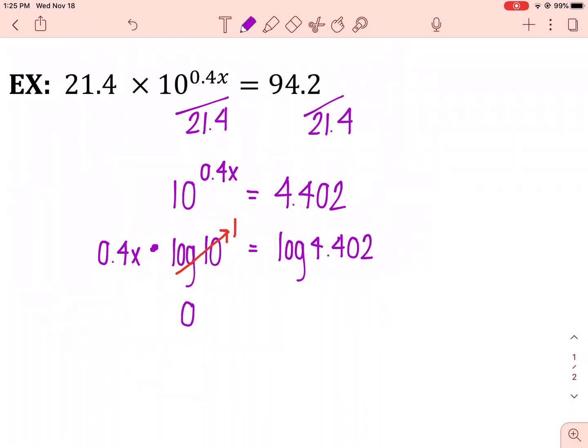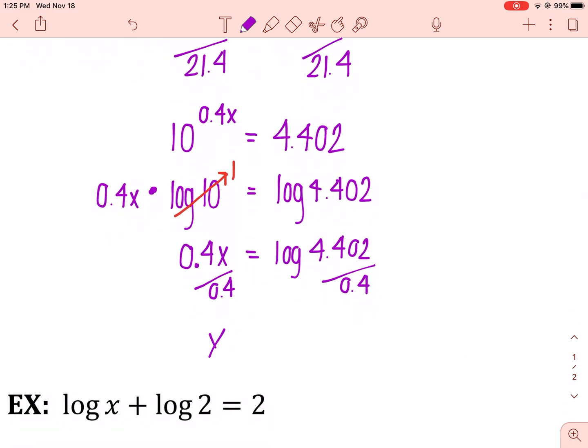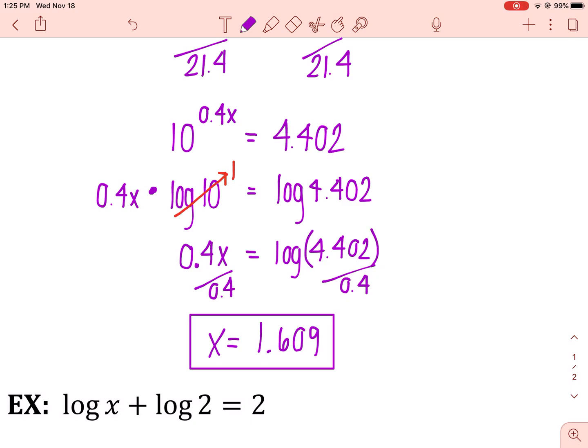So all I have is 0.4x equals log of 4.402. Just want to get x by itself, so let's divide by 0.4. You can do that in your calculator, and you should get x equals 1.609. If you did not get that, parentheses.